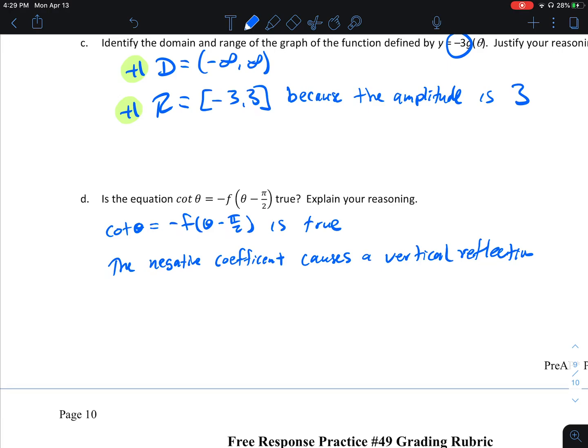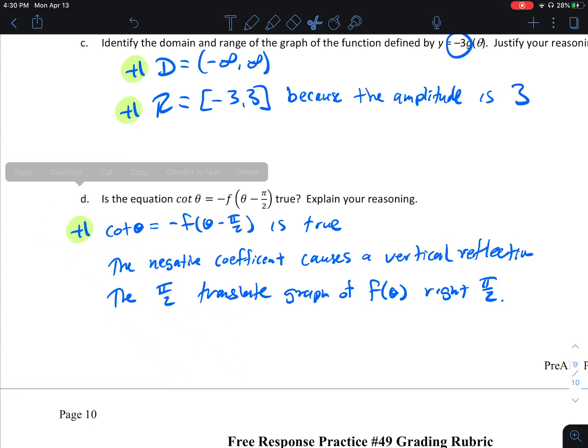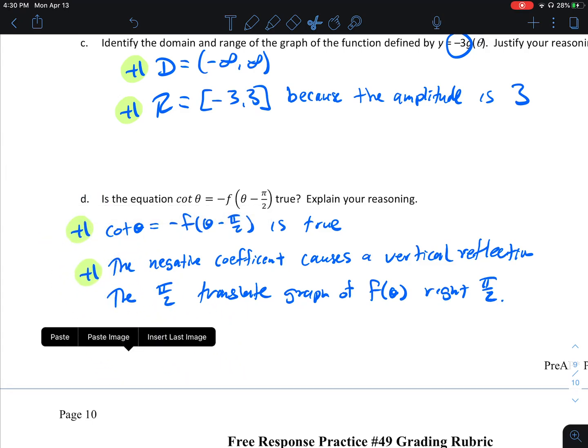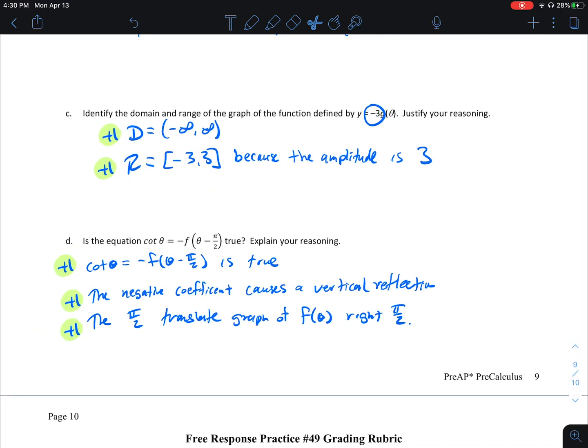And then we could say the pi over 2 translates the graph of f of theta right pi over 2. Points for this, you get a point for saying it's true, a point for saying what the negative coefficient does, and a point for saying what pi over 2 does. Good enough.